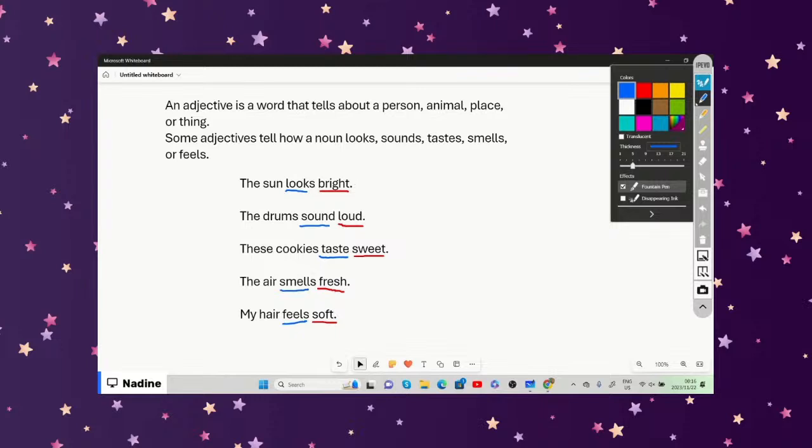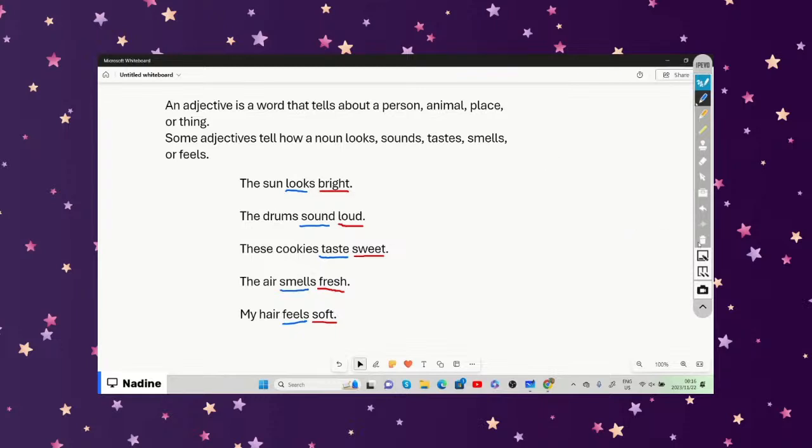And the words underlined in red are our adjectives, which describe those senses. So these are our sense words.